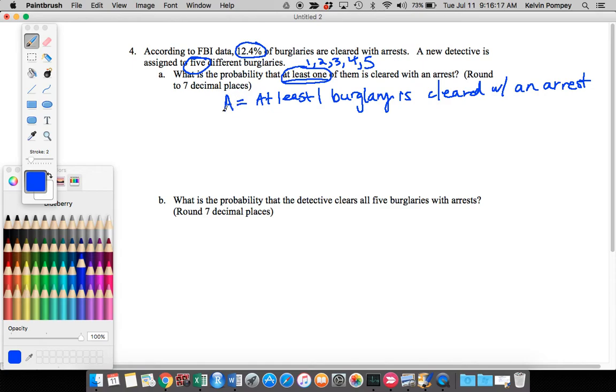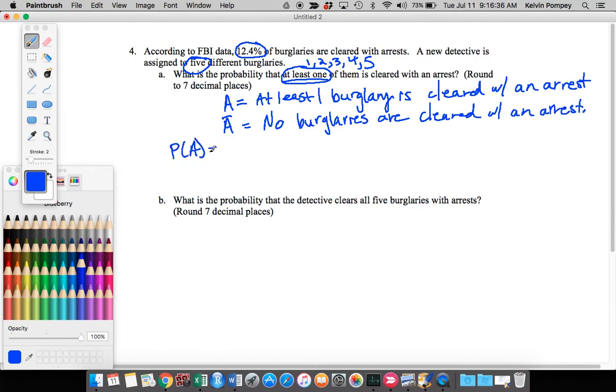So if I have A as at least 1, then A complement means that no burglaries are cleared with an arrest. And so my goal is to find probability of A, but remember we have that relationship between A and A complement: the probability of A is 1 minus the probability of A complement, or we can say the probability of A complement is 1 minus the probability of A, right? And so my goal is to use this.